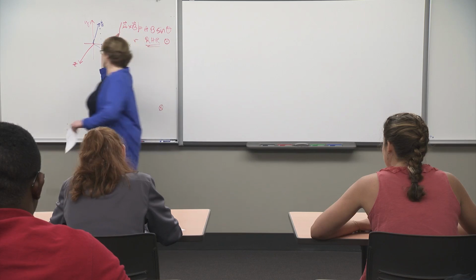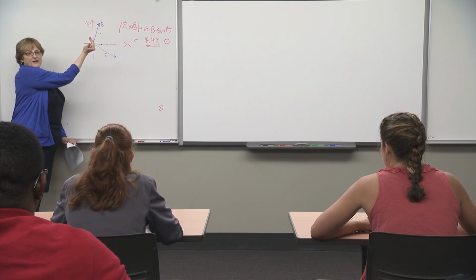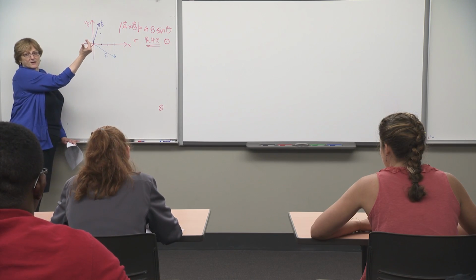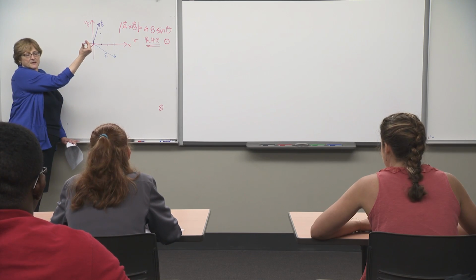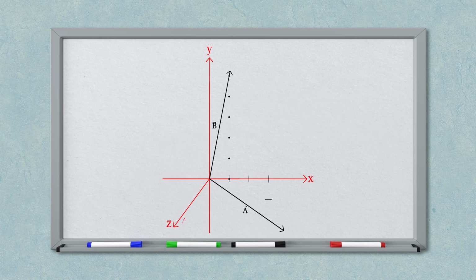Everybody see that? This is my x vector. This is my y vector. So the z vector has to come out of the page in the right-hand system. And we call the unit vector in the z direction k. You probably could have guessed that. So i is the unit vector in the x direction, j is the unit vector in the y direction, and k is the unit vector in the z direction.